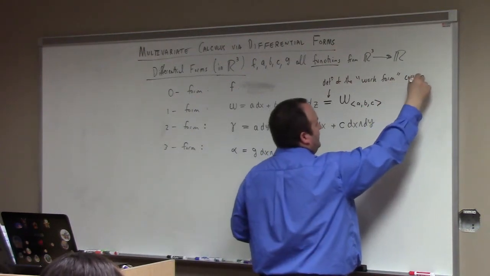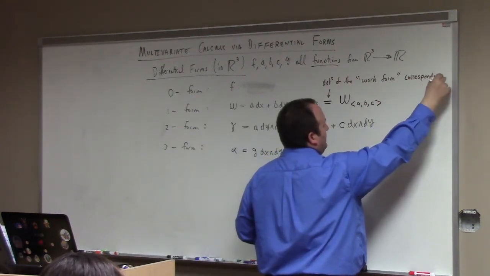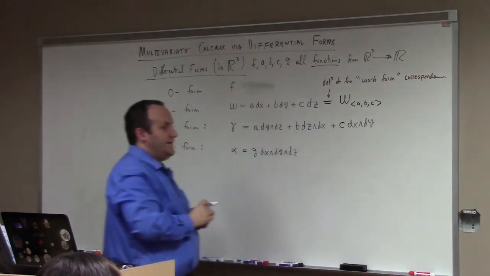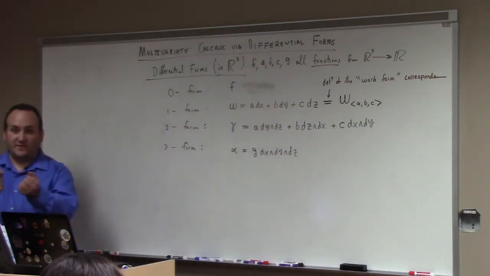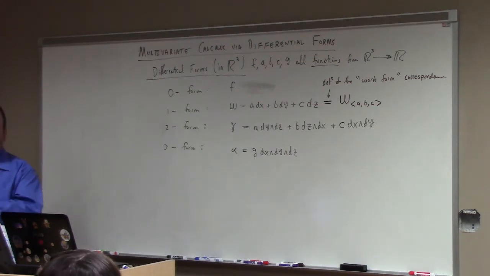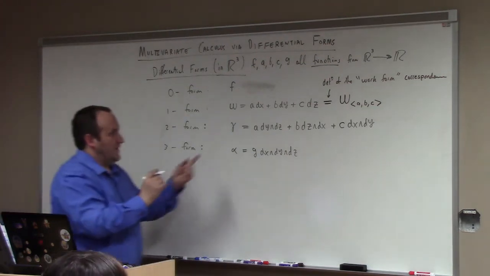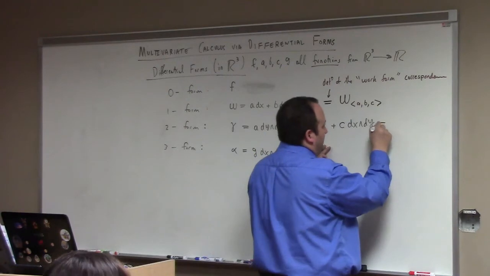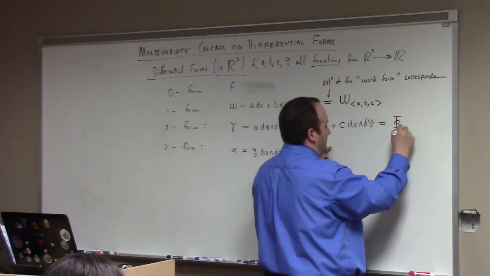The work form correspondence just tells me that if you give me a vector field A, B, C, it gives you a corresponding 1 form, A dx plus B dy plus C dz. That's it. We also have a flux form correspondence. This is the flux form phi of A, B, C.